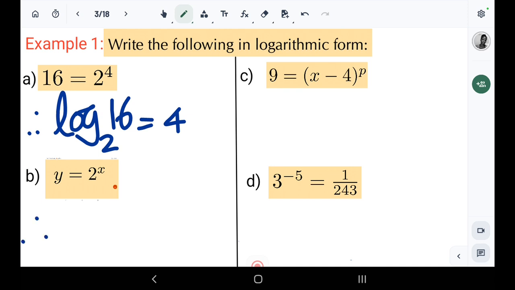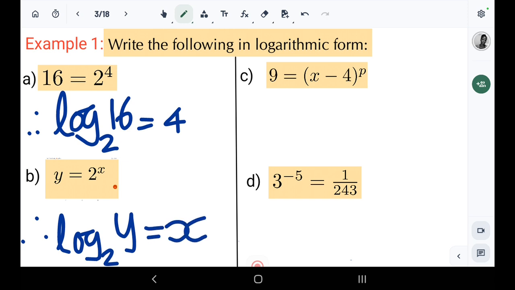Next, y equals 2 to the power of x, that means therefore the logarithm of the number, which is y, to the base 2 is equal to x. Next, 9 equals (x minus 4) to the power of p. Now, to convert that into logarithmic format, here's your number, here's your exponent, and that is your base.